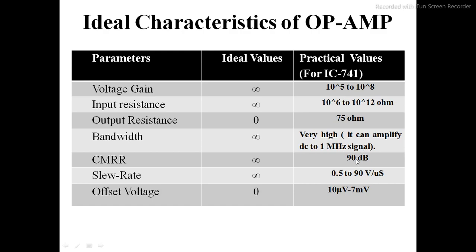The slew rate is also infinite, and practically for IC741 it ranges from 0.5 to 90 volts per microsecond. The offset voltage is 0, whereas practically for the IC741 it ranges from 10 microvolt to 7 millivolt. So these are some parameters of the IC741 op-amp compared for ideal as well as practical values.